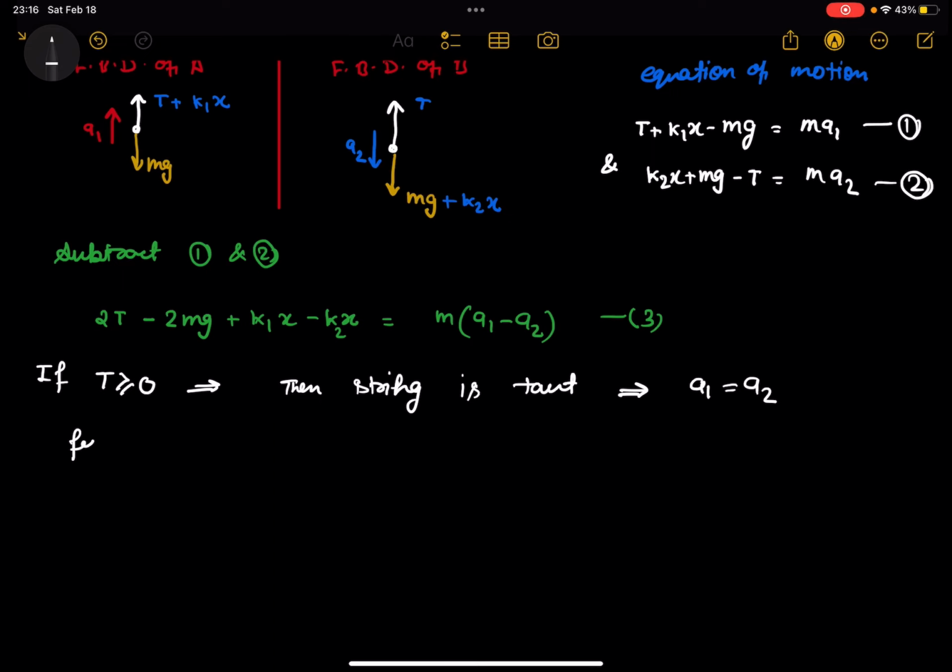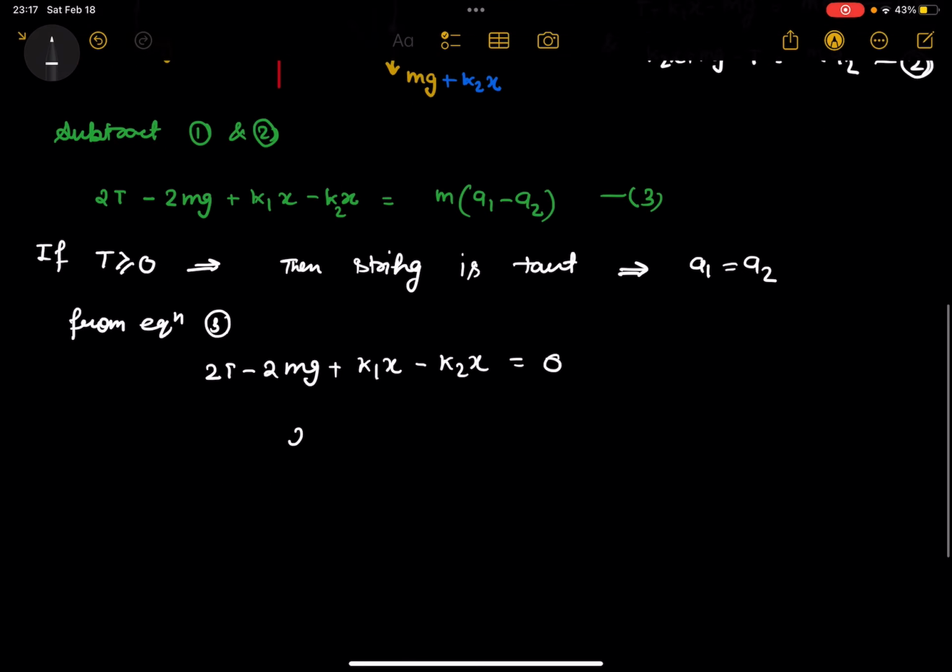From equation 3, 2T minus 2mg plus K1x minus K2x equals 0, so 2T equals K2x minus K1x plus 2mg.